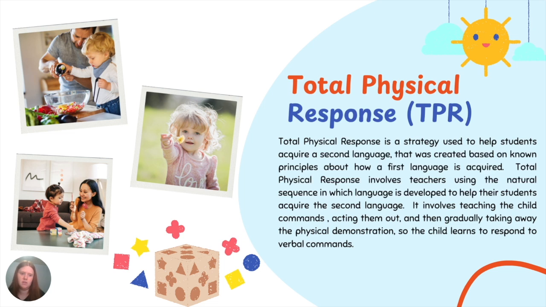Part of that natural sequence is hearing commands from adults and then copying those commands. So it involves teaching the child commands, acting them out, and then gradually taking away the physical demonstration of these commands, so that the child later on will learn to respond to only the verbal commands and not have to rely on the physical demonstration together with the verbal command.